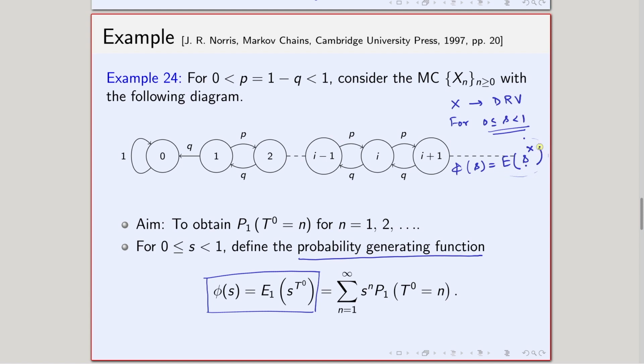Now, clearly this expectation will be a function of s. This particular function is called the probability generating function of a random variable.